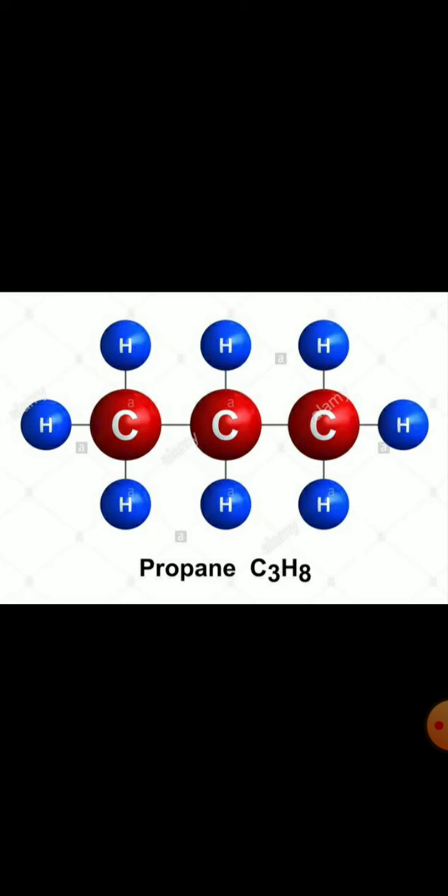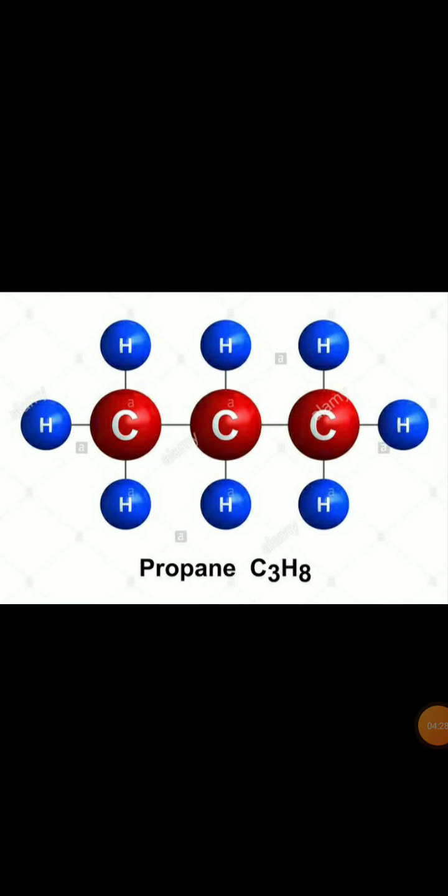Now recall, I have said to you that first and last C will have H on the sides also, left hand side and right hand side. So this way we will put H. You see the C which is in between has only 2 H, but the C's which are on the sides have 3 H. So this is the structure of propane. In all, there should be 8 H's.